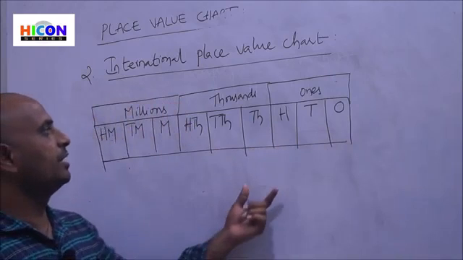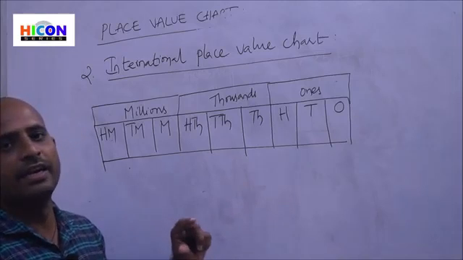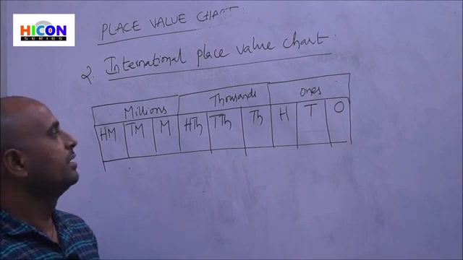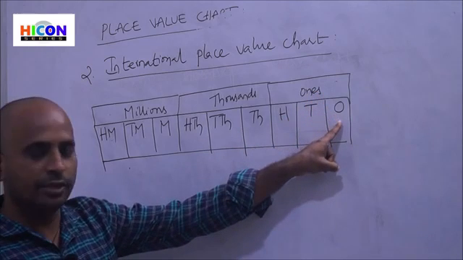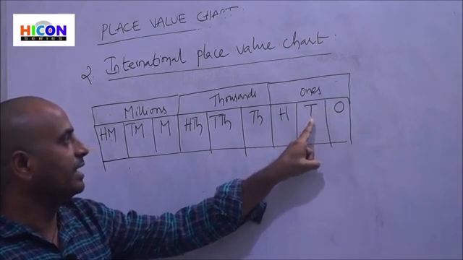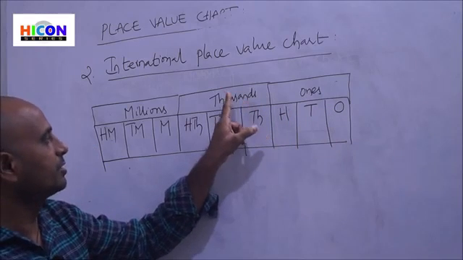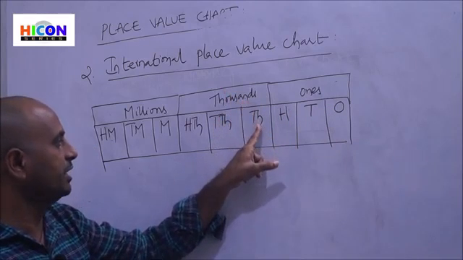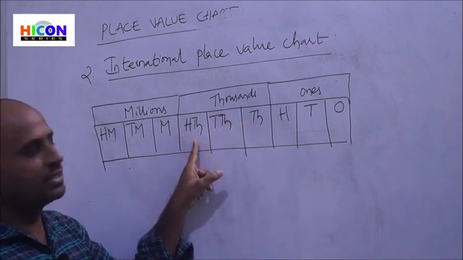In the international place value chart, there are also different periods like the Indian place value chart. The first is the ones period, which contains three places, ones, tens, hundreds. The second period is the thousands period, which also contains three places, that is 1,000, 10,000, 100,000.